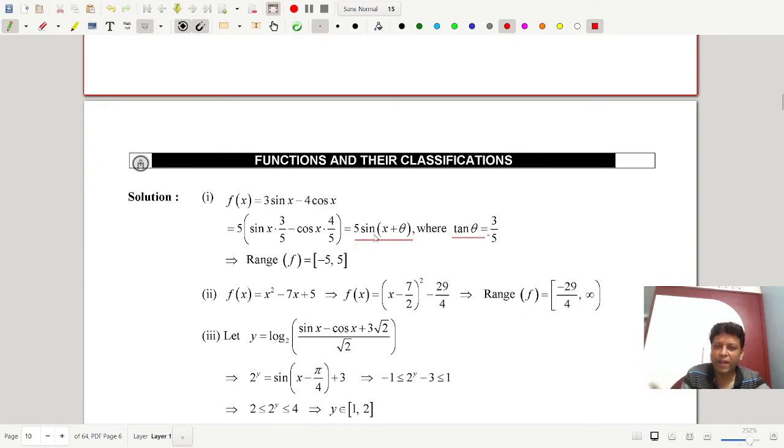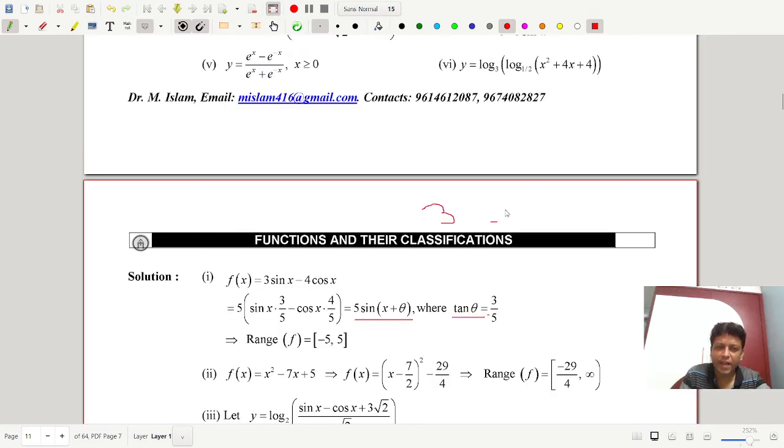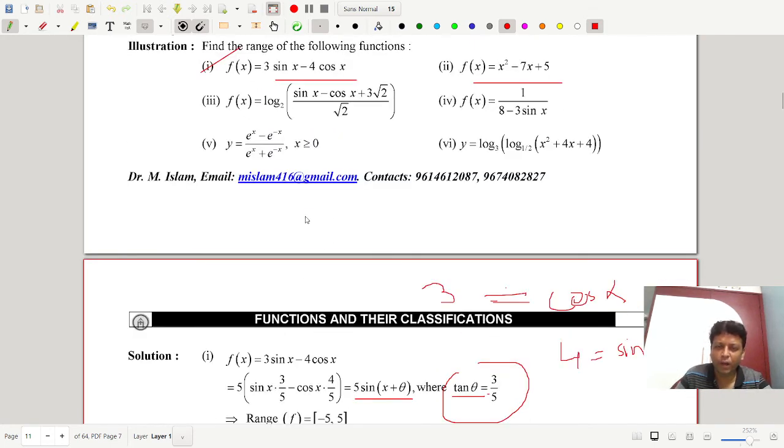You can write 5 sin(x plus theta), or you can write 3 as sin alpha, 3 as cos alpha and 4 as sin alpha. Using this we can write 5 sin of x plus theta.